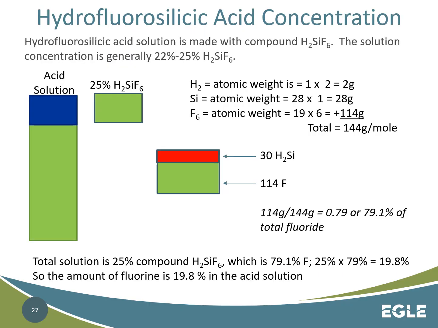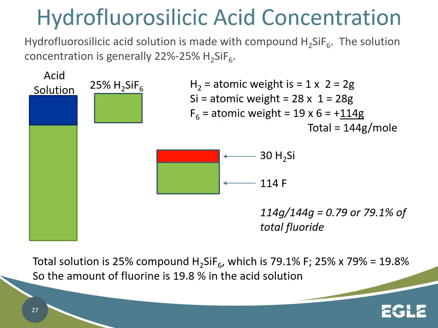Let's dive a little deeper into this concept, because it will come into play once we start looking at some practice problems. A hydrofluorosilicic acid solution is made of H2SiF6, its chemical formula, and the solution is generally 22 to 25% pure acid by weight.